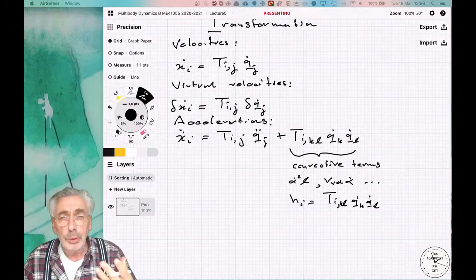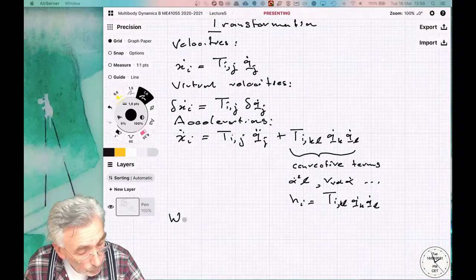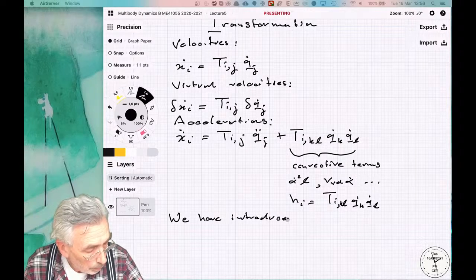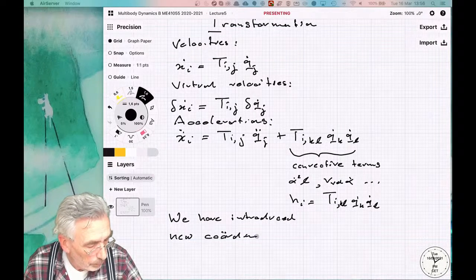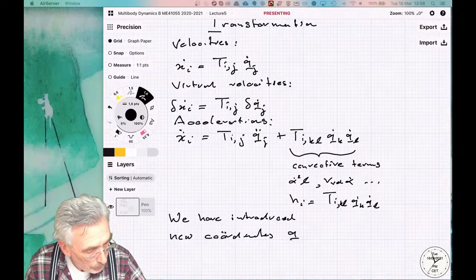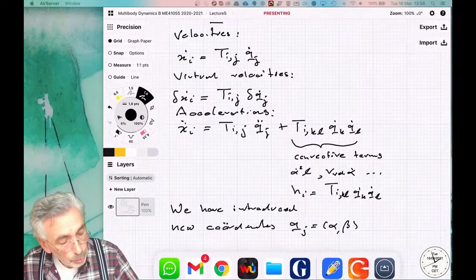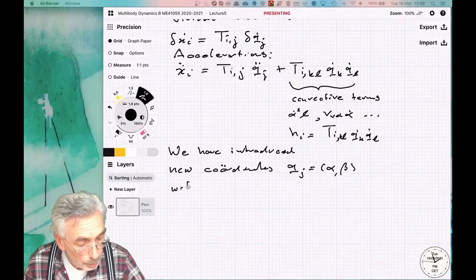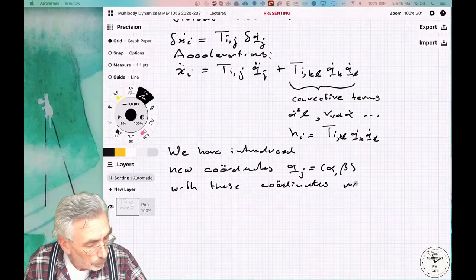Now, by the way, we have introduced these generalized coordinates. So we have actually introduced new coordinates, being those qj, in our case alpha and beta. Meaning that we also have a set of new forces. With these coordinates, you also have forces.